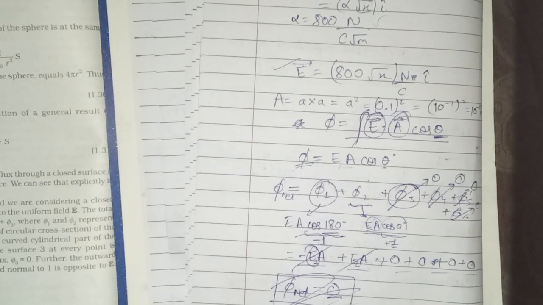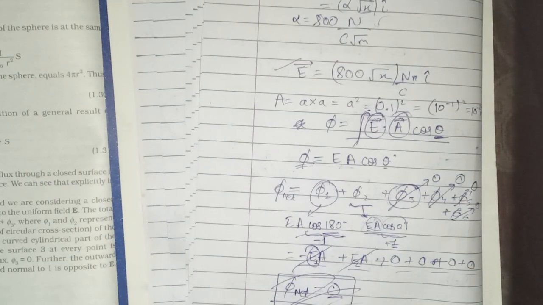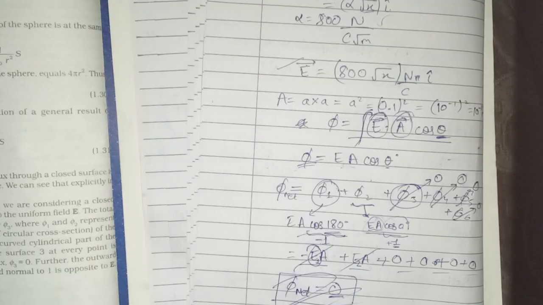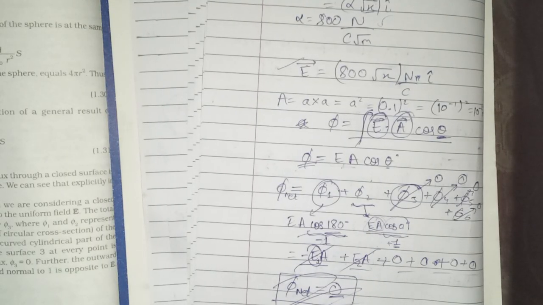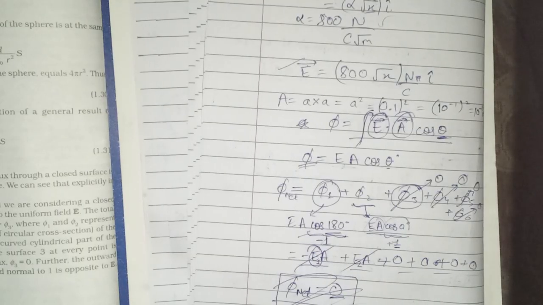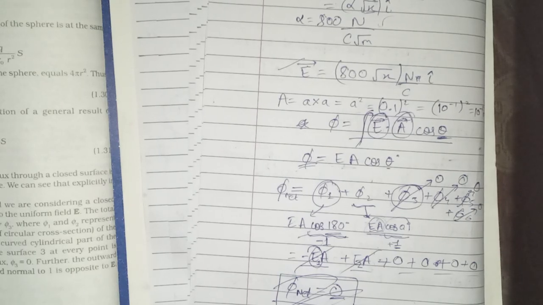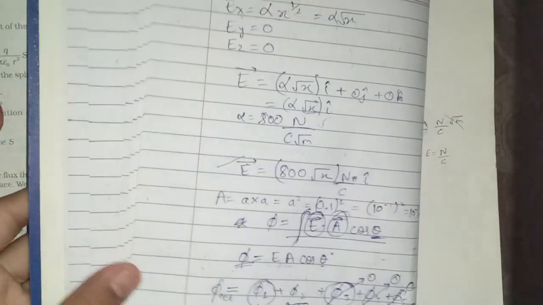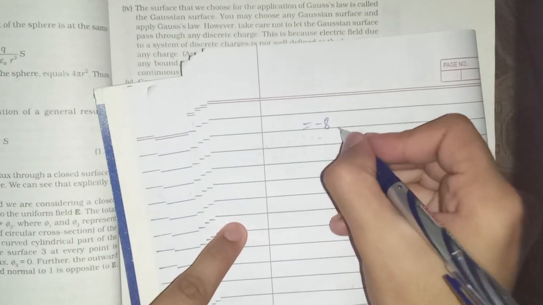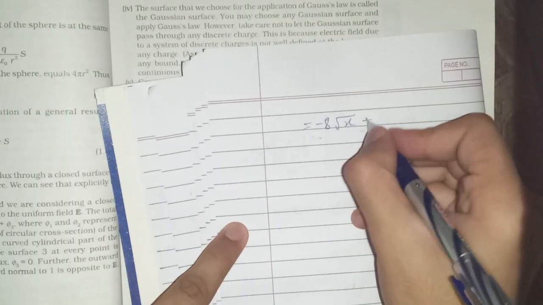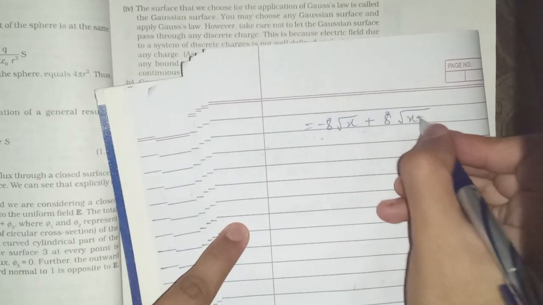We could at maximum get to the point, if we put alpha equal to 800, that the x terms divide and the zeros cancel, and again zeros would cancel. We could at max get to saying it like this: minus 8 under root x plus 8 under root (x plus a).